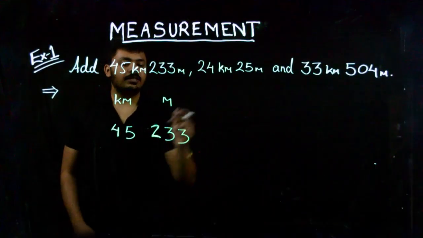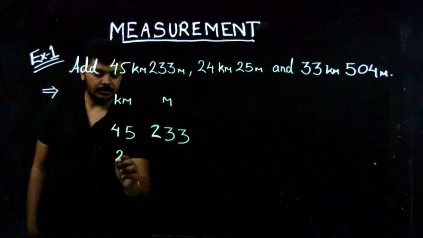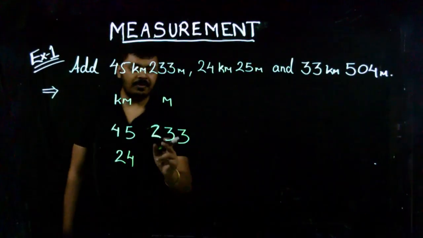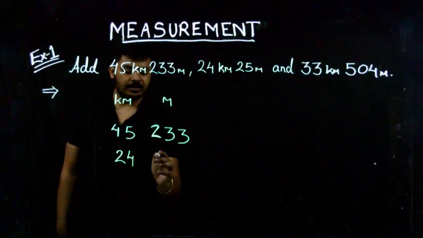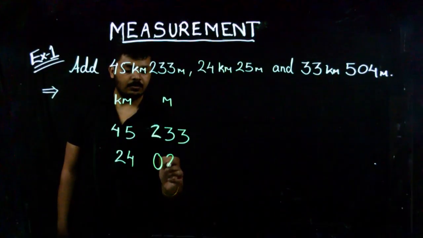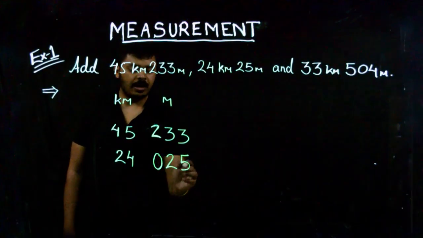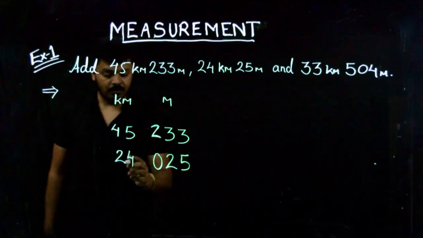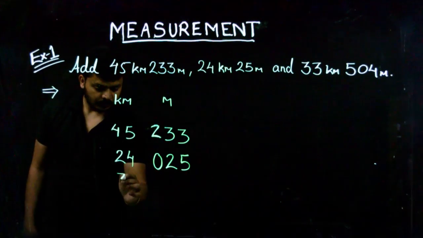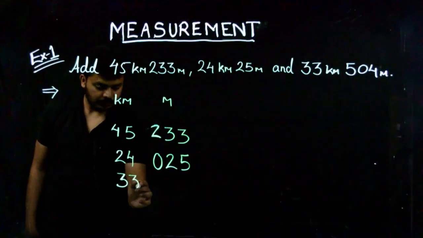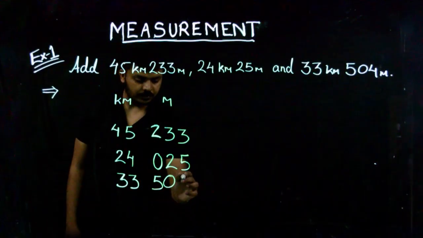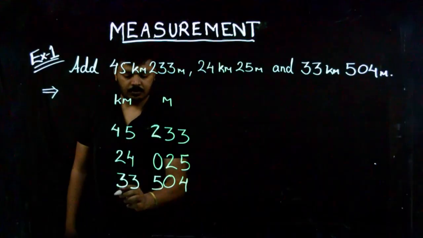Similarly, our second distance is 24 kilometer and 25 meter. So 25 meter can be written as 025 meter, and 33 kilometer 504 meter.